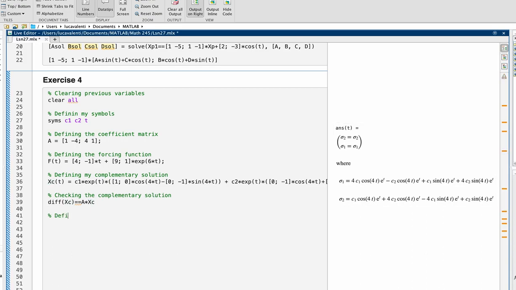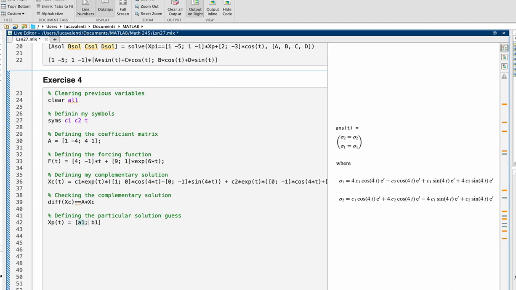Now I'm going to define the particular solution. If you remember, x of p, we said we were going to have an a1 and a b1.